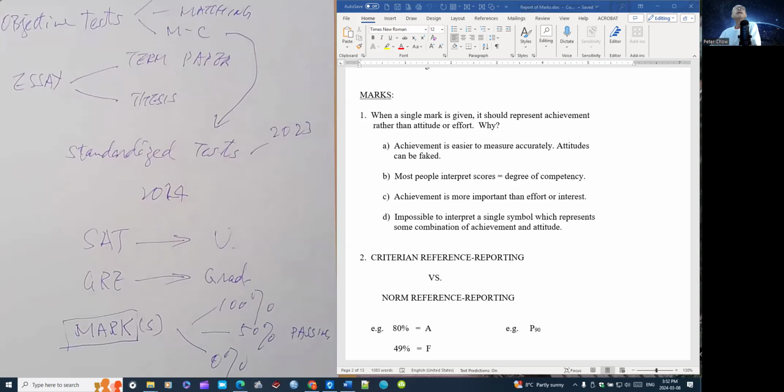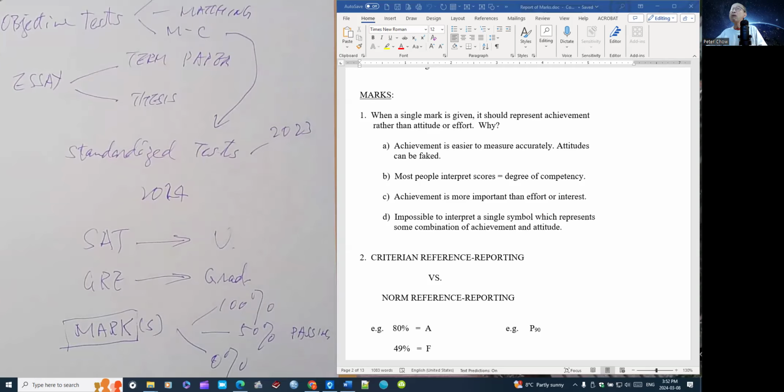Now, B, it is impossible to interpret a single symbol, or a single mark, which represents some combination of achievement and attitude, or achievement and effort. Okay?